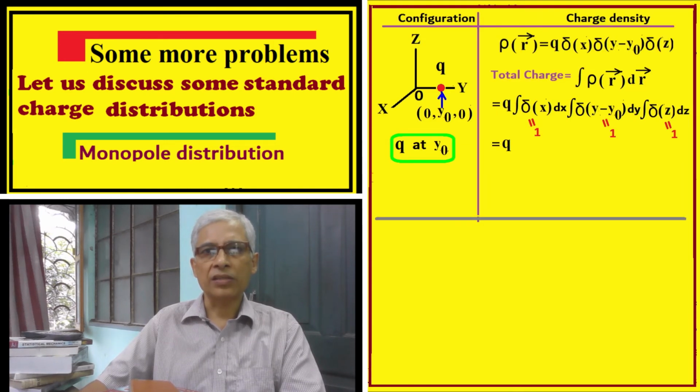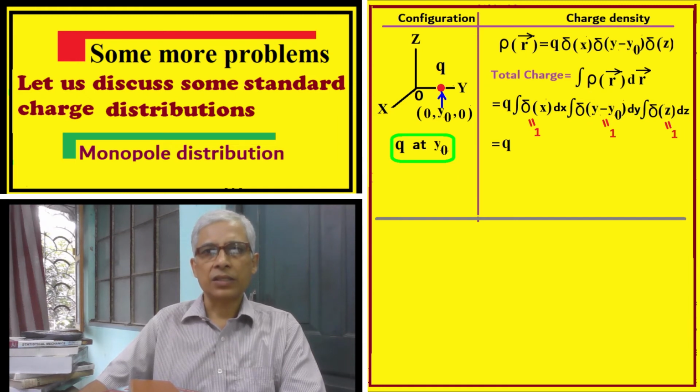Let me tell you one thing. To achieve mastery over anything, you have to play with it, juggle with it. So let us now put the charge at various positions on y-axis and write down the charge densities and also find the total charge.